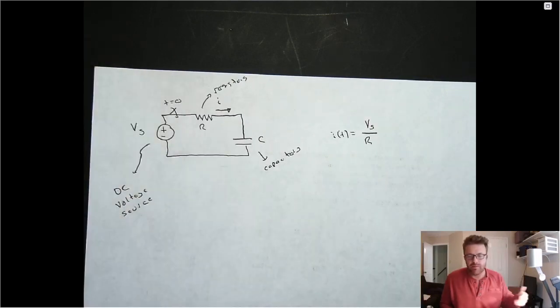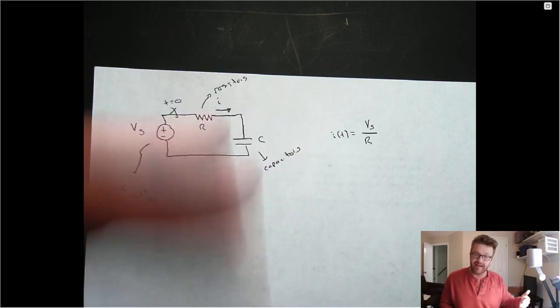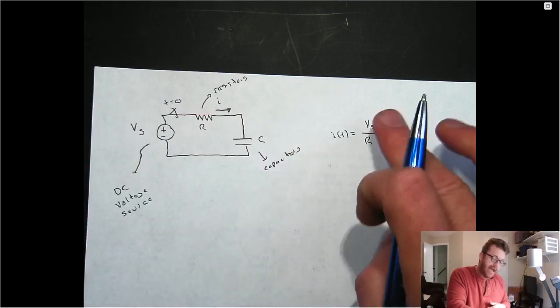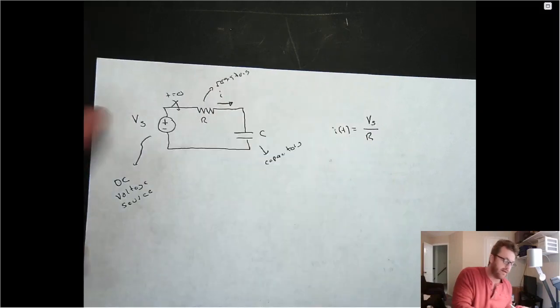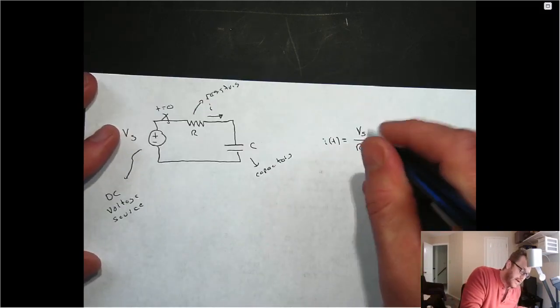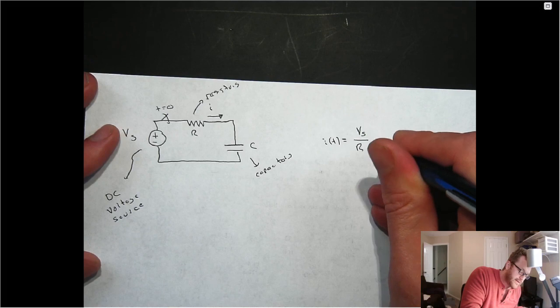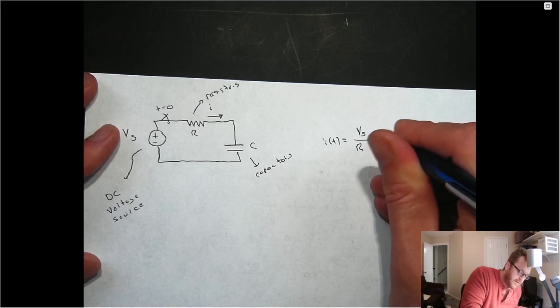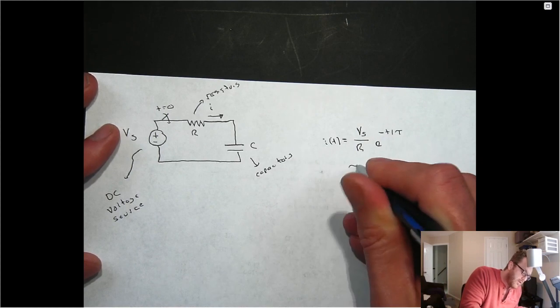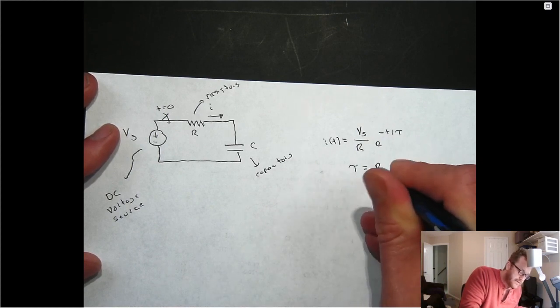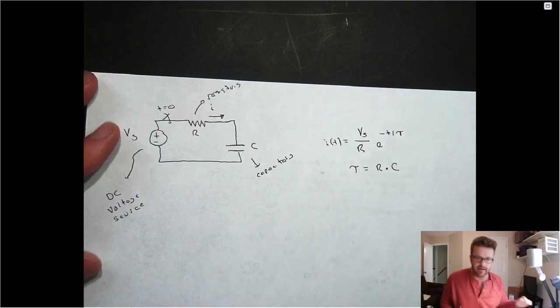And hopefully everyone has seen this before, it looks a lot like Ohm's law. This would be the current you would have in the circuit if the capacitor was just shorted out, if there were no capacitor in it. And this scaling value multiplies the exponential decay function e to the minus t divided by tau, where tau is a time constant that is simply the product of the resistance and capacitance.